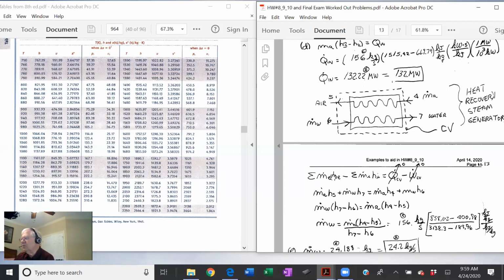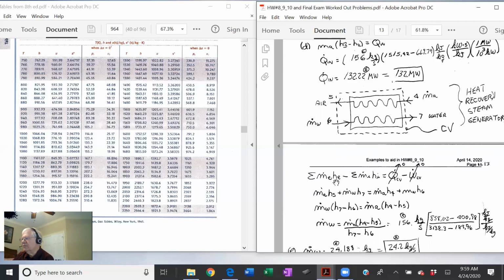So again, we use this form of the equation. It's just ideal for this. By the way, the heat transfer outside of this control volume is 0. All the heat's handled in here, but outside the control volume, there's no heat transfer, there's no work.